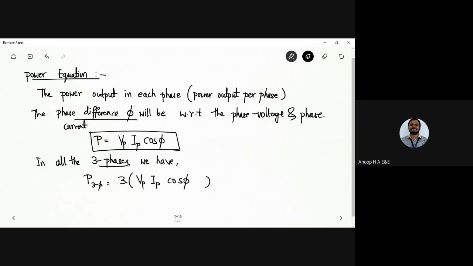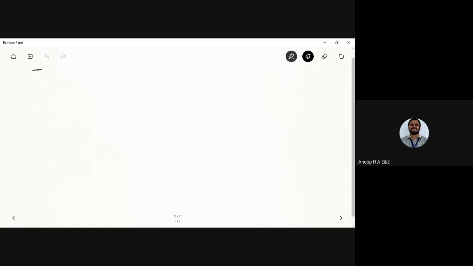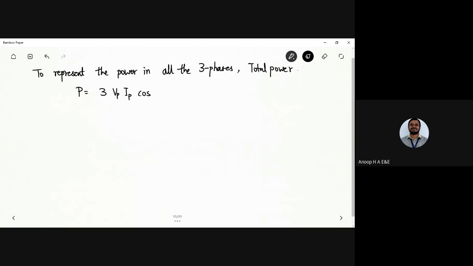Now to represent the power in all the three phases, which is the total power, in terms of line voltage and line current: P equals 3 into VPH into IPH into cos phi.